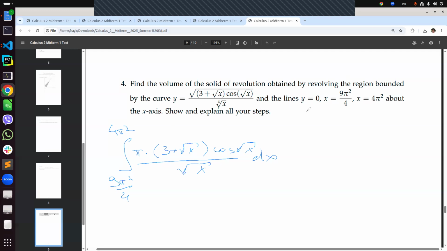How can we calculate this integral, guys? Do you have any suggestion? Denote root of x by u. Exactly. Root of x denoting by u. Actually, 1 over 2 root of x is going to be du.